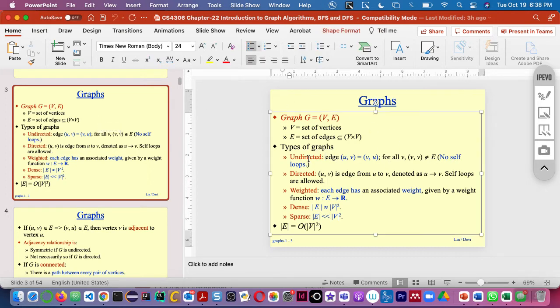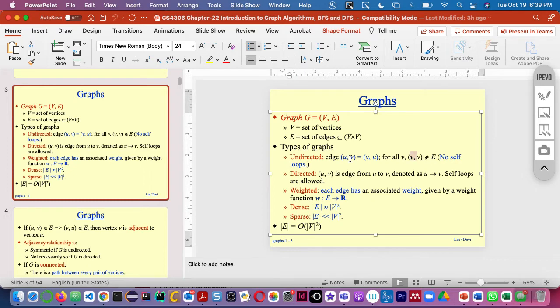In the mathematical definition, a graph is undirected if, whenever there is an edge between U and V, the connection from U to V is equal to the connection from V to U. A pair (V, V) is called a self loop.